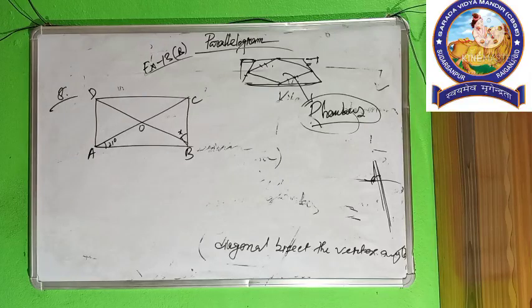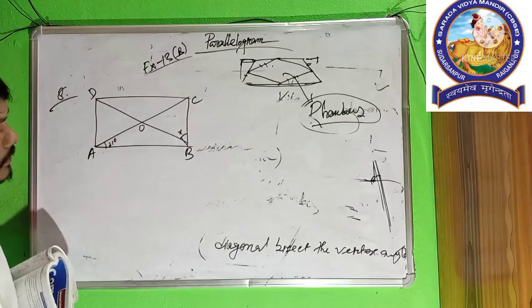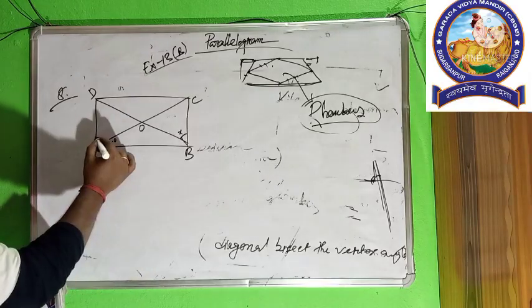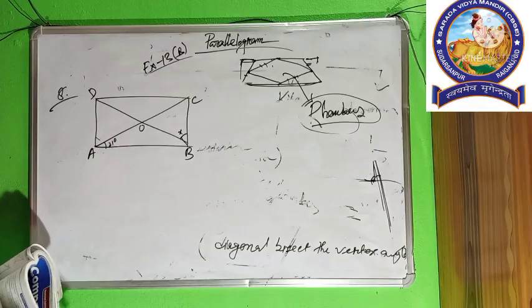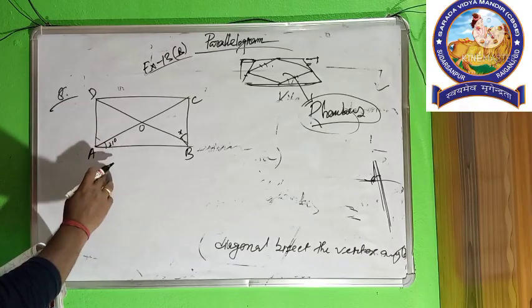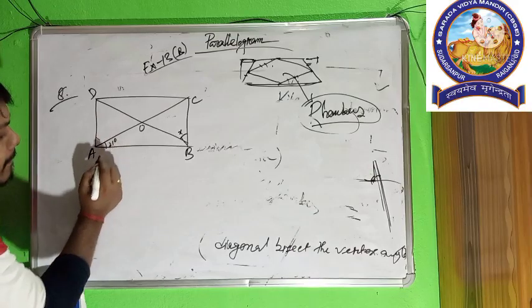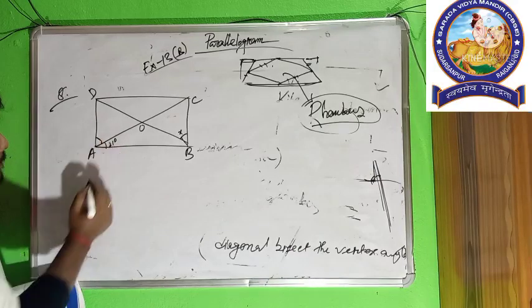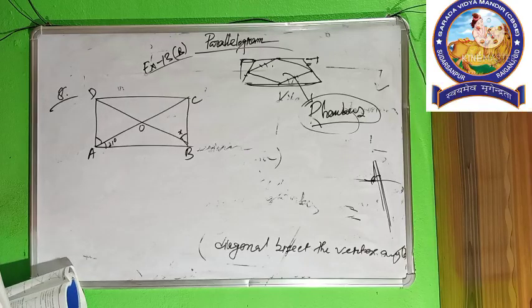So how to find the value of x? The total angle is 90 degree. So in this way we can find it.